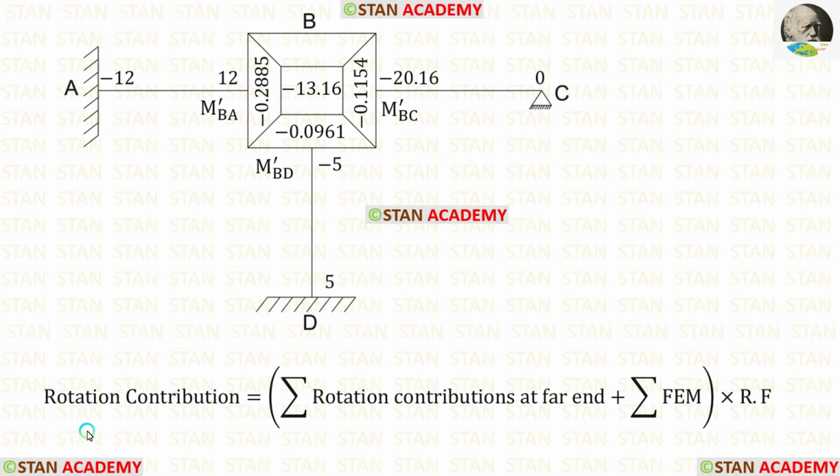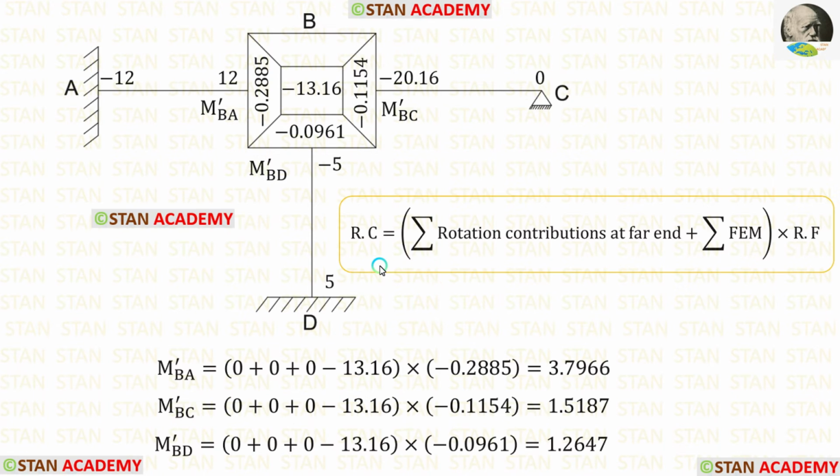Let us see the formula to find the rotation contribution. Summation of rotation contributions at a far end plus summation of fixed end moments into rotation factor. In this formula, let us see how to find the summation of rotation contributions at a far end.